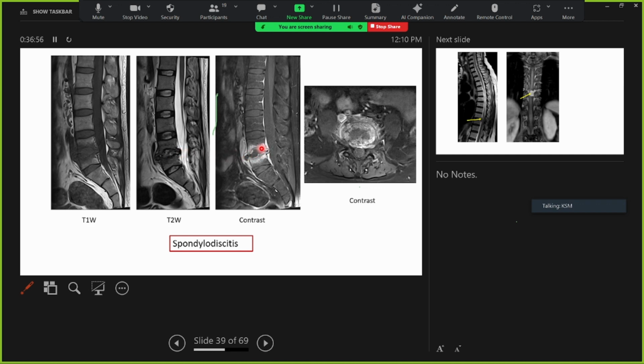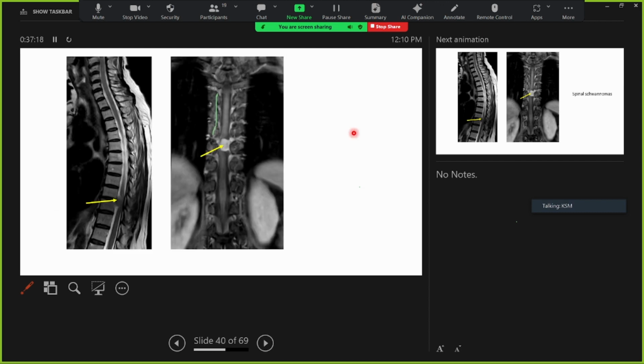When you give contrast, you can see peripheral enhancement of the disc as well as around the soft tissues. Here in the axial you can see paravertebral soft tissues also inflamed. That is why you can see the inflammation. If you see a non-enhancing area with a peripheral enhancing area, that means that is an abscess. Here there are soft tissue inflammatory changes.